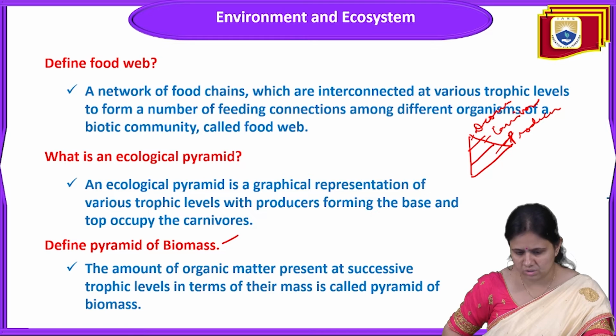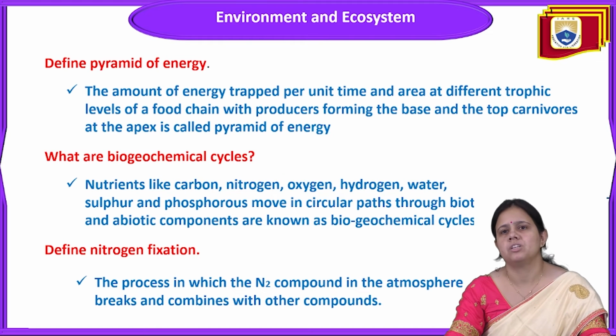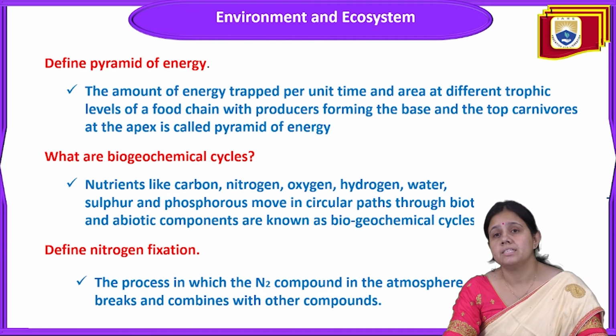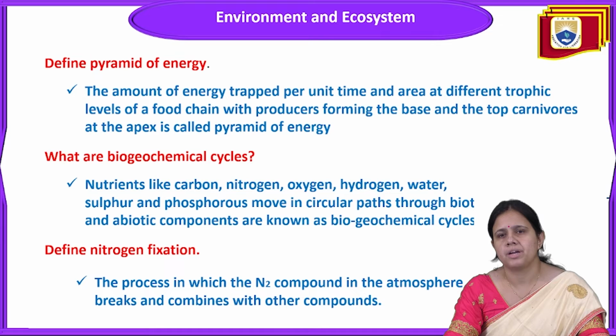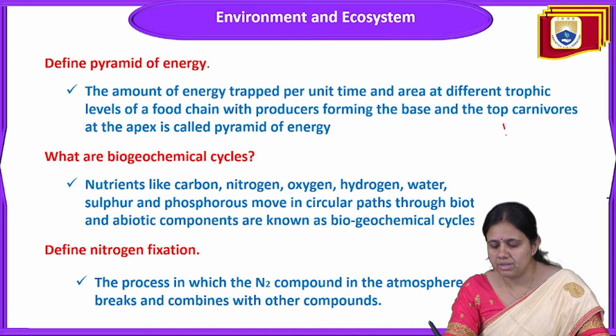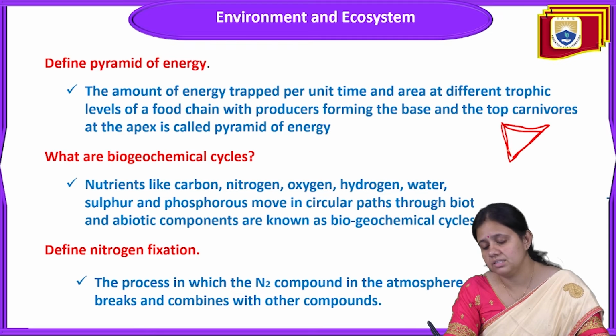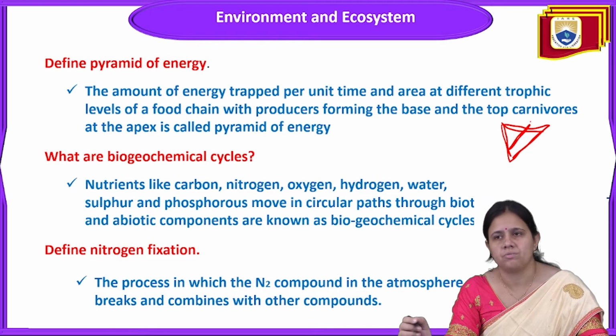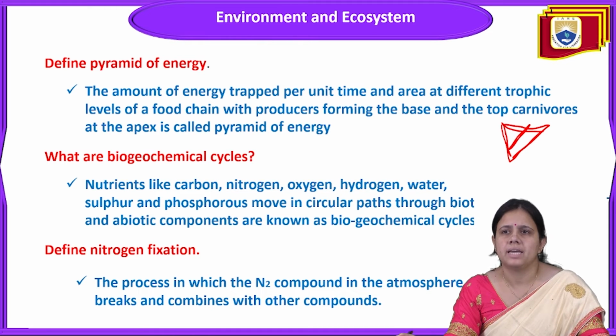Now come to the next question, that is about the pyramid of energy. It is about the amount of energy trapped per unit time and area at different trophic levels of a food chain, with the producer forming the base and the top carnivores at the apex, and it is called the pyramid of energy. This is a very normal kind of pyramid that will happen in any ecosystem.